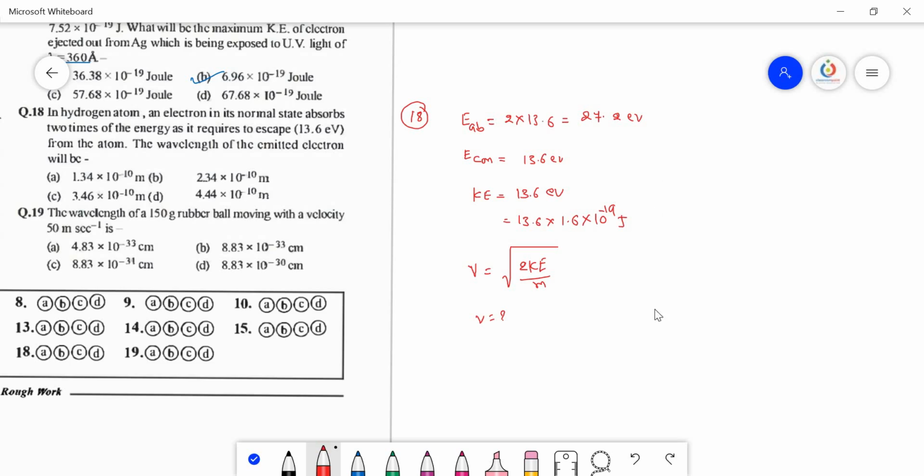This is one procedure. Or else, since we got the kinetic energy directly, we can calculate the lambda value, that is lambda equals h divided by root over 2m KE.